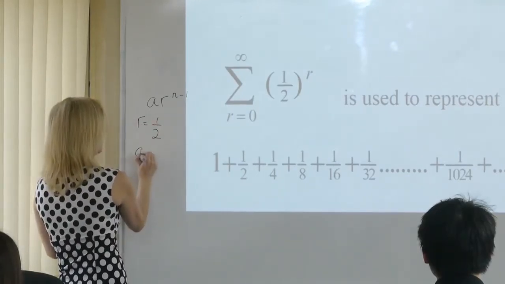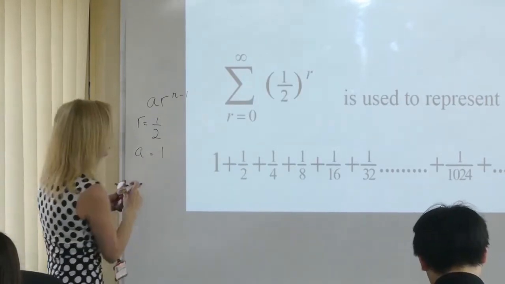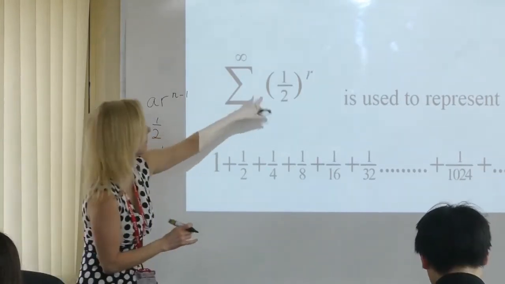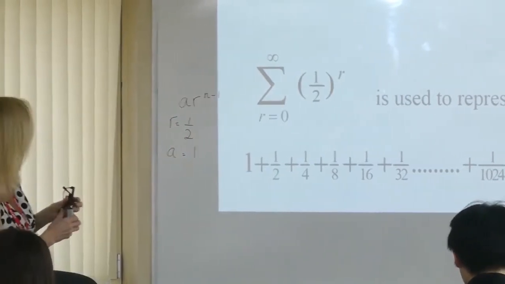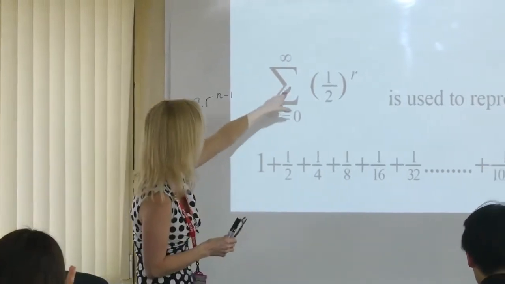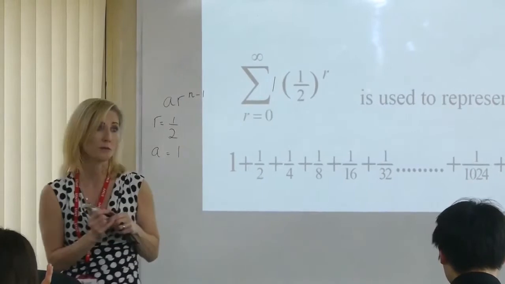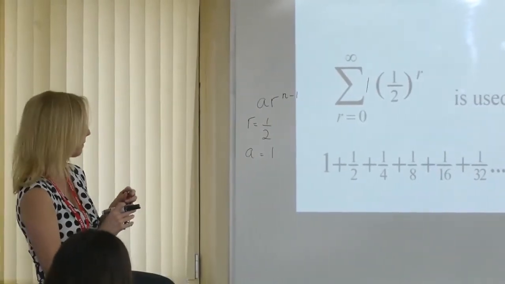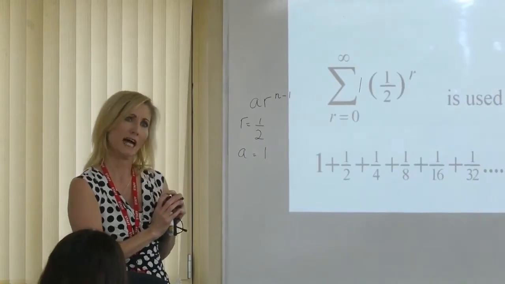What was our a value, Lorraine? 1. Okay. So you can see why the formula, hopefully, you can see where it's originated from. Because our a value, we don't have to obviously put it in because the 1 doesn't help the formula in any way.